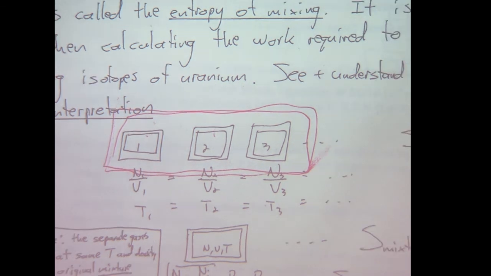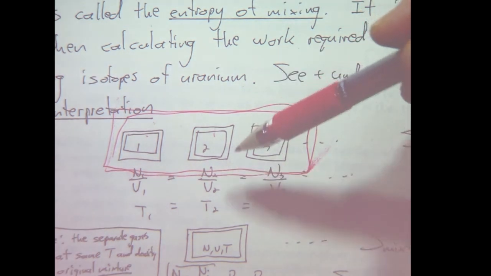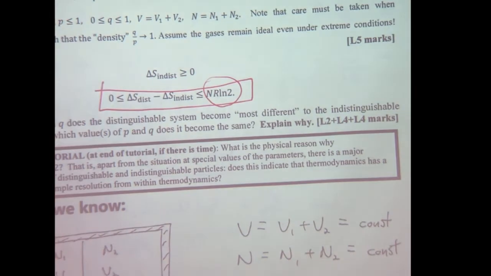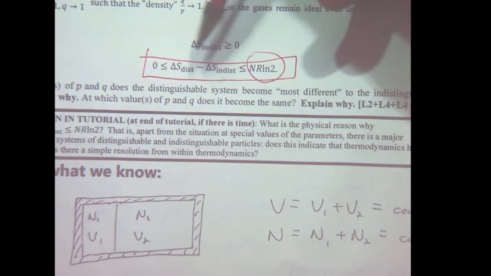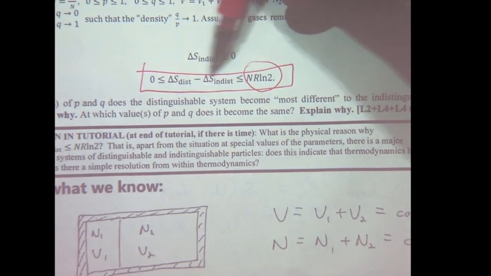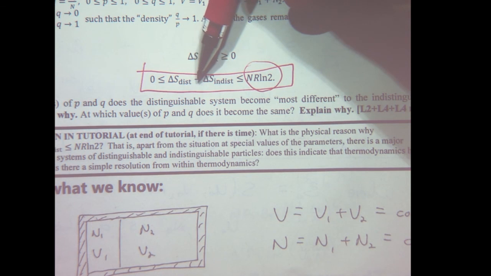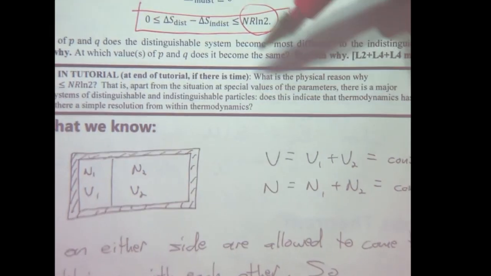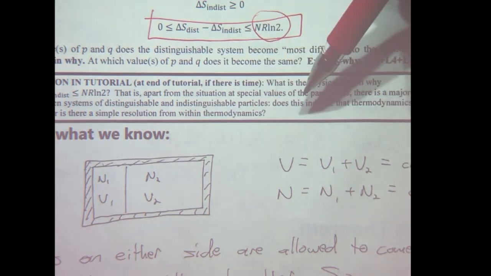But it turns out that if you look at the difference between the entropies, the difference for an arbitrary distribution of volumes will be the entropy of mixing, that last term in equation 3.40. And I'd like you to think about it and try to figure out why that is so.